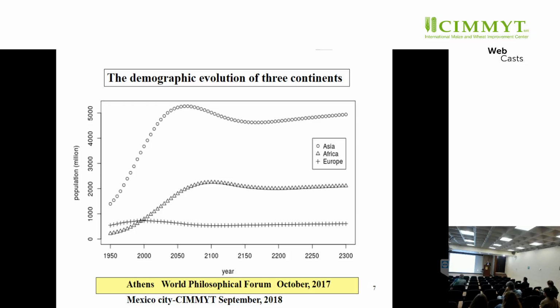Some say that 2050 will be the maximum for the whole world, others say not. But I think it's not so important, at least not for this discussion.